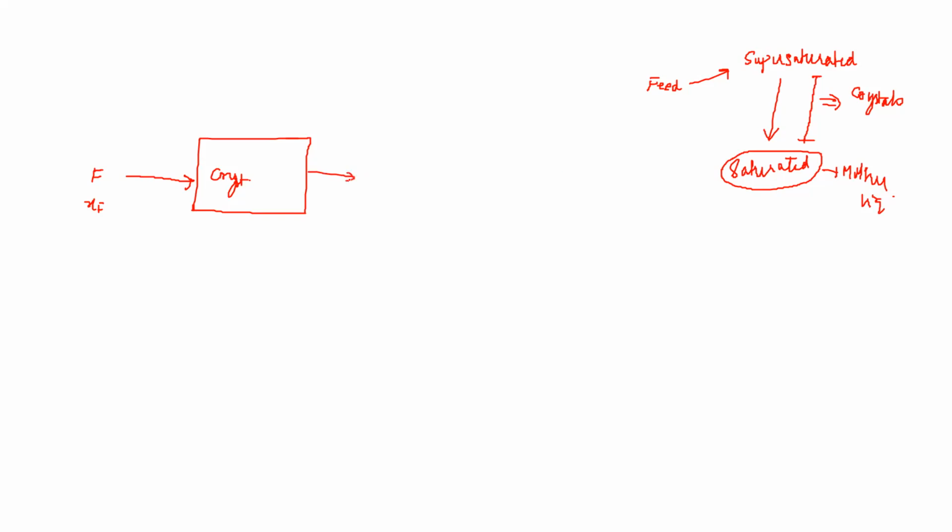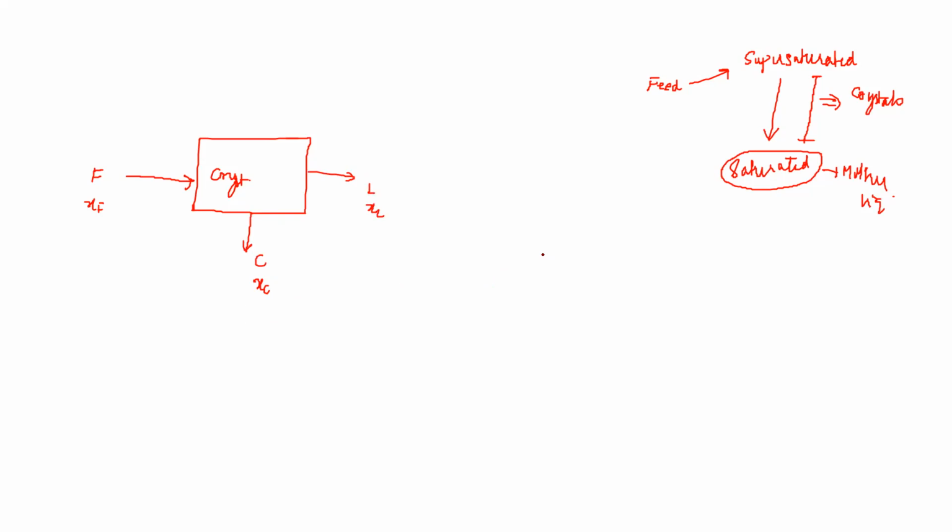So mother liquor comes out from here with XL as the mole fraction or mass fraction of the solute in the mother liquor. And here we get crystals with XC as the mole fraction or mass fraction of the solid in the crystal.